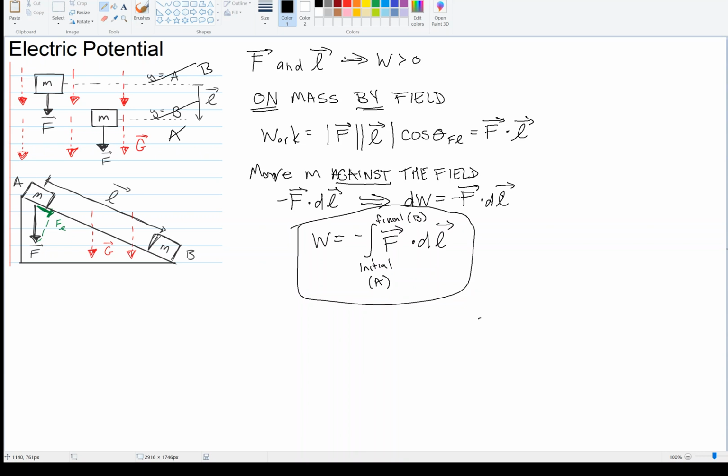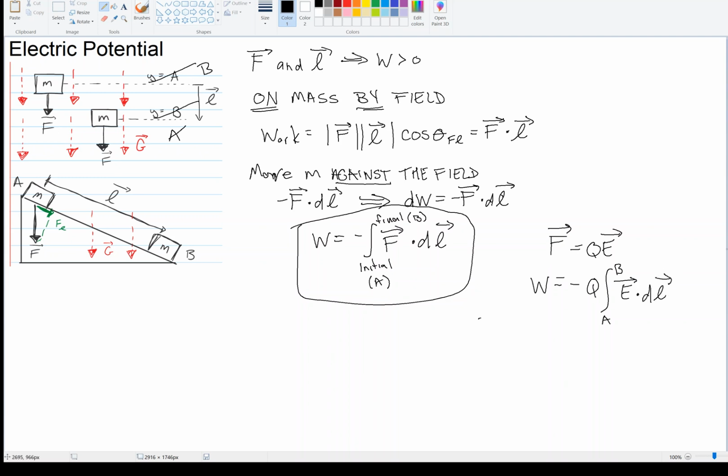Now suppose the field is an electric field, right? I mean, we're not talking about gravity here. And the force due to the field then is the electric force. Since F is equal to Q times E, the work required to move Q from A to B by an external agent is negative Q times the integral from A to B of E dot dl.